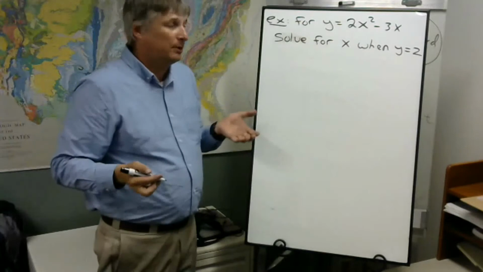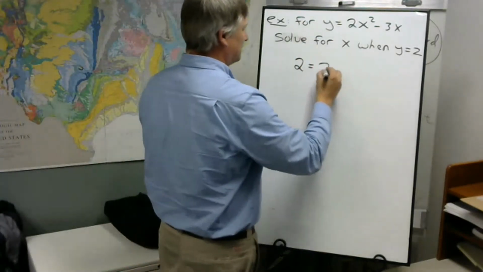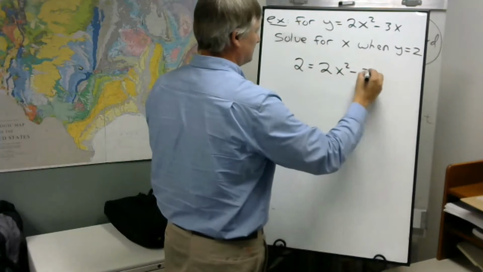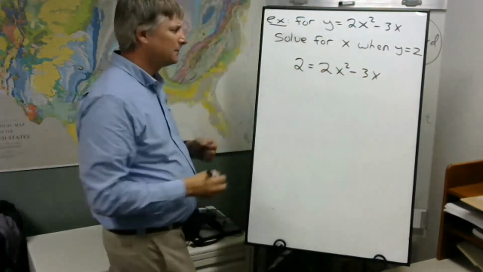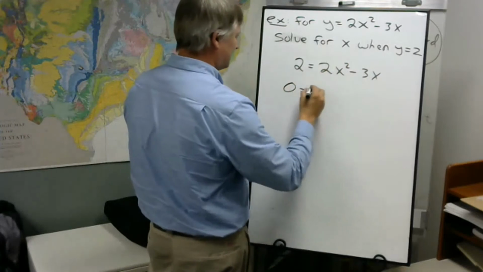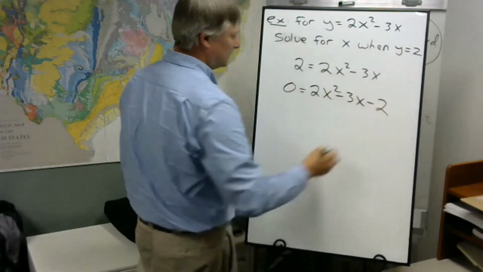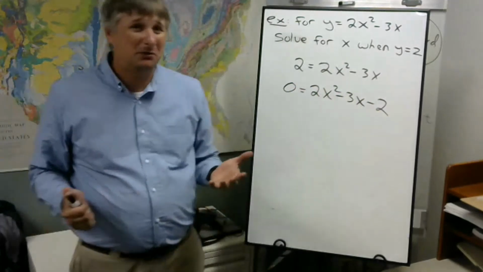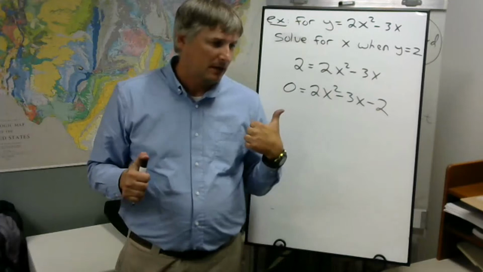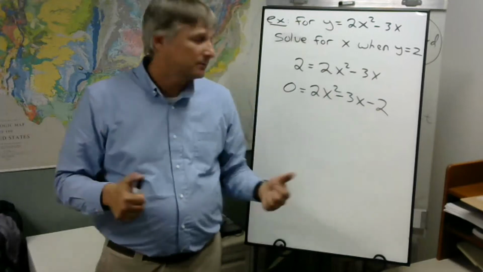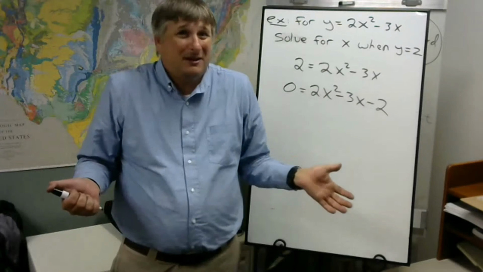So that means, first off, replace y with 2. We could subtract 2 from both sides. And there's different things we could try here. We could divide everything by 2 and try to complete the square. We can try the AC method, but I'm just going to go with the quadratic formula.